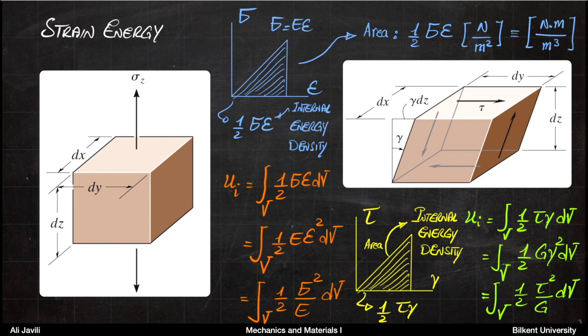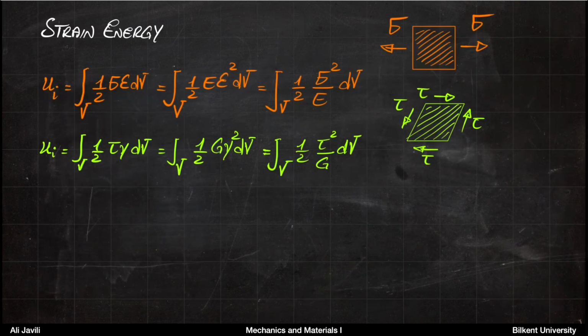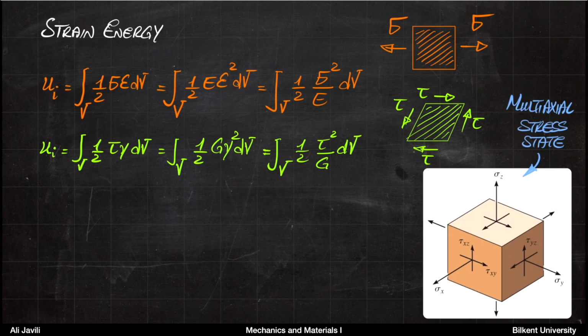All right, so now we know how to handle a case that is normal stress and shear stress. So if I summarize these two, we have these two pictures so far. The first one is for a normal stress. The second line is for a shear stress case. But then again, we can ask ourselves what happens if we have a multi-axial stress state.